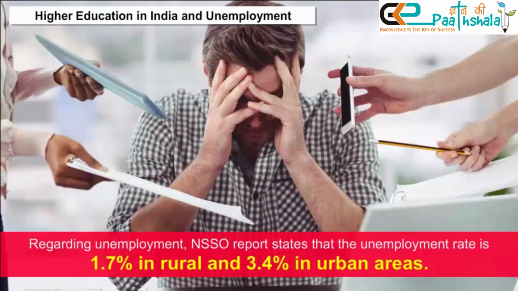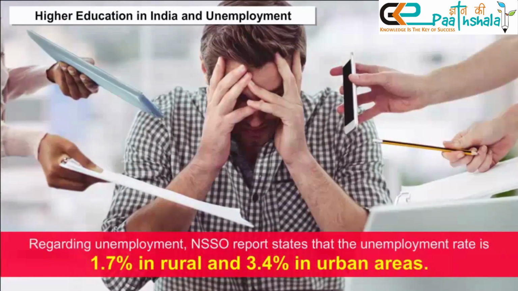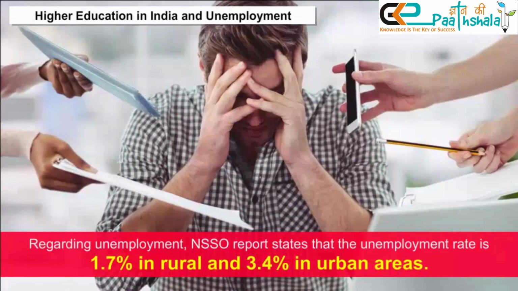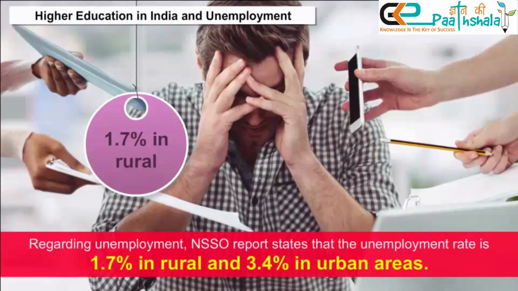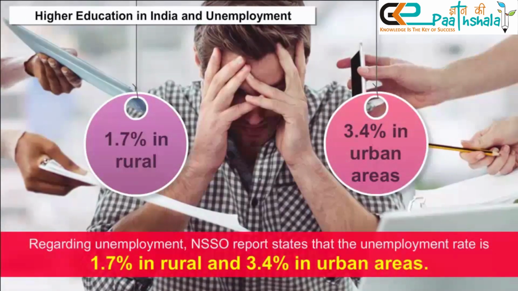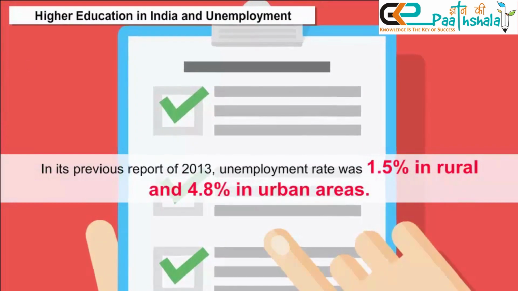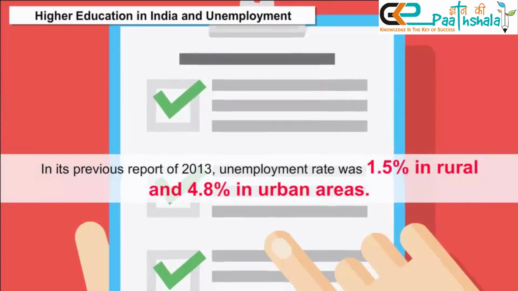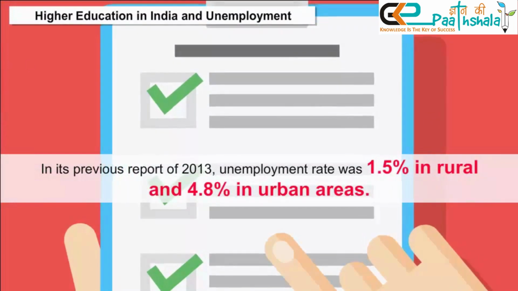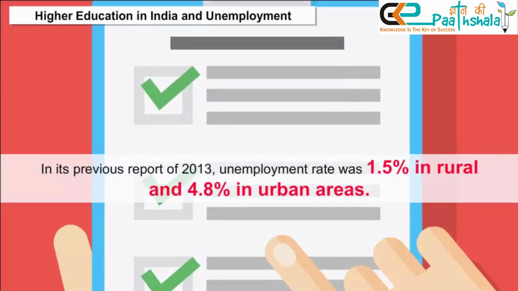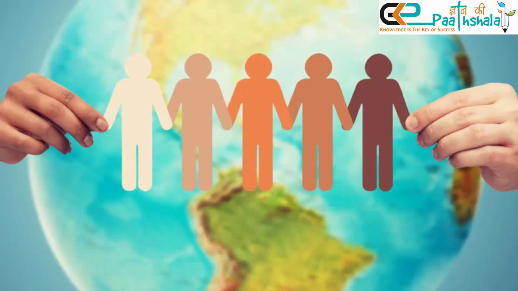Regarding unemployment, the NSSO report states that the unemployment rate is 1.7% in rural and 3.4% in urban areas. In its previous report of 2013, the unemployment rate was 1.5% in rural and 4.8% in urban areas.